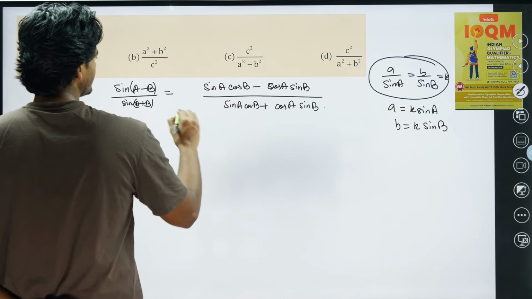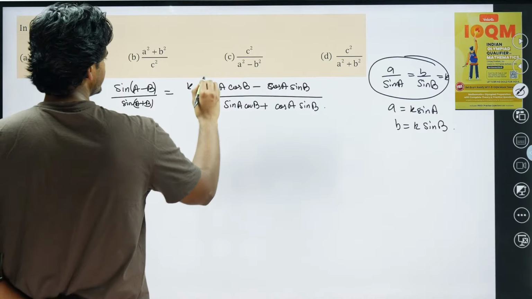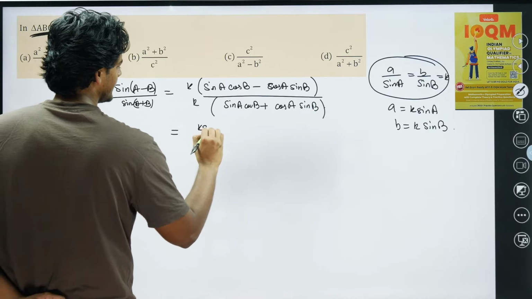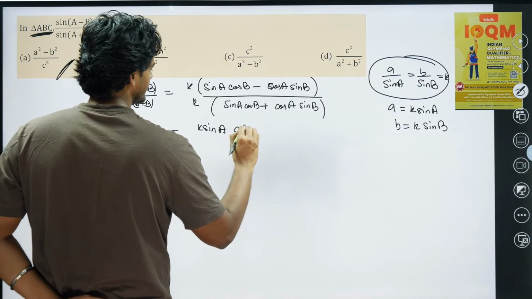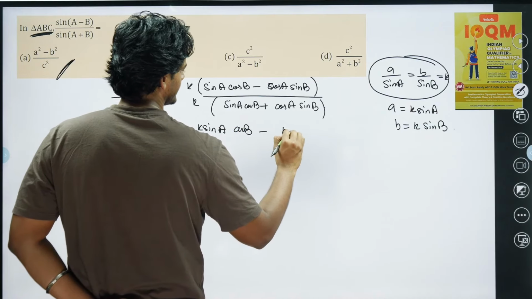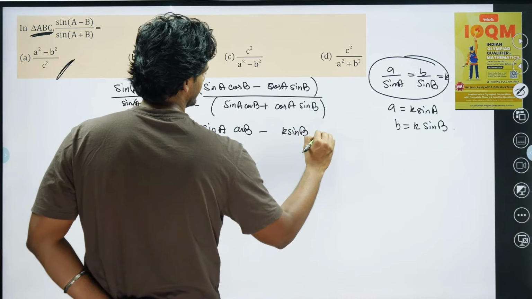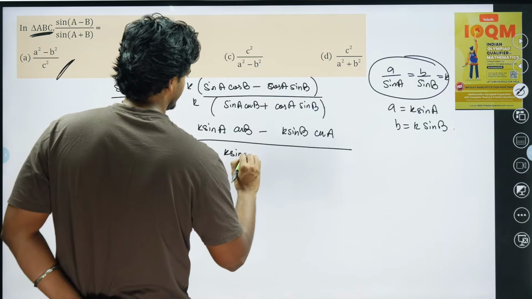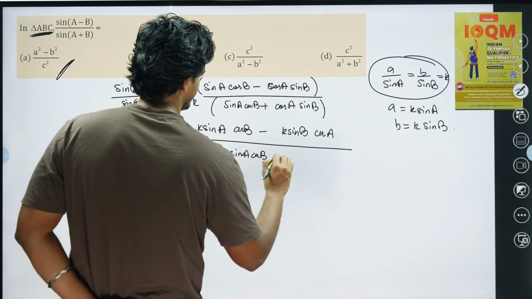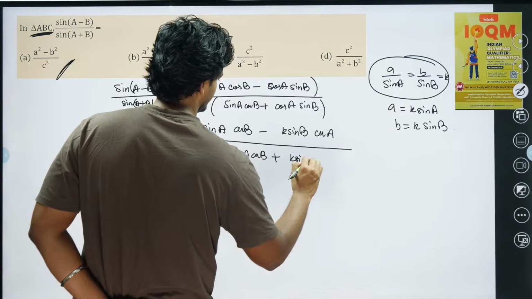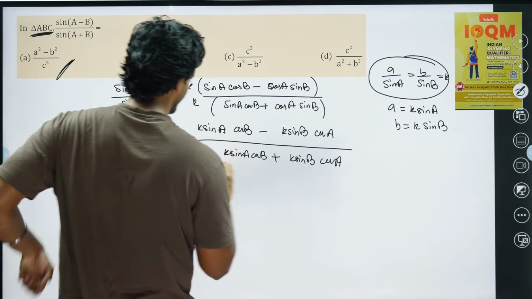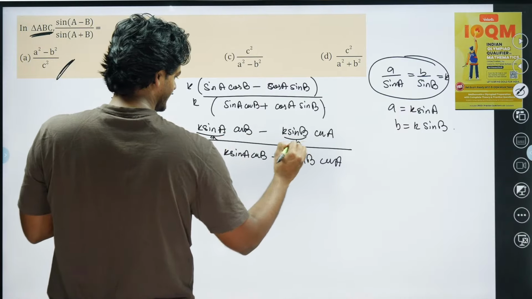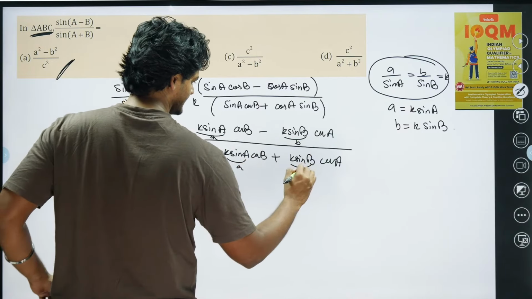So if I multiply by k in both numerator and denominator, this will be k sin A cos B minus k sin B cos A divided by k sin A cos B plus k sin B cos A. Now do you see that this is a and this is b?